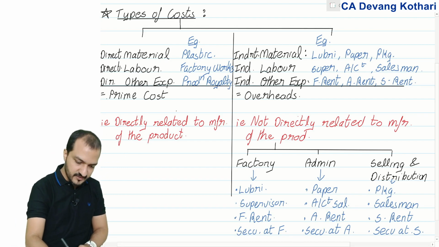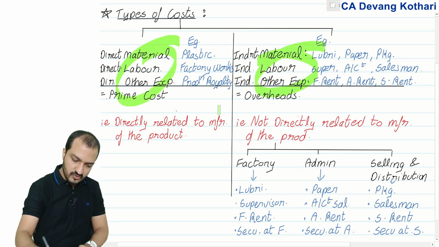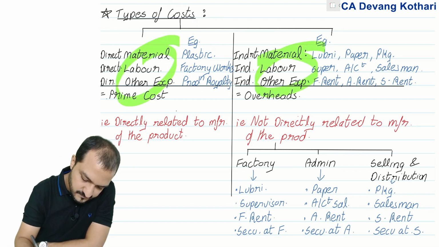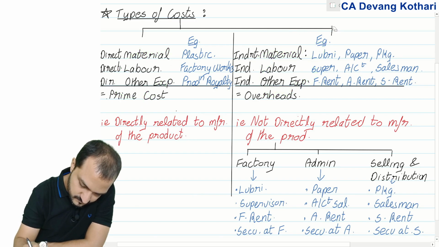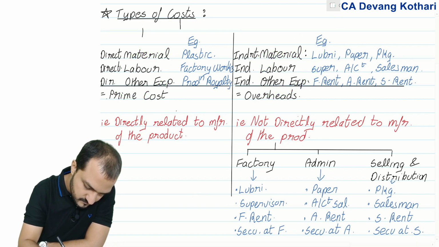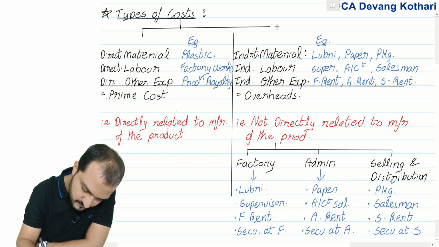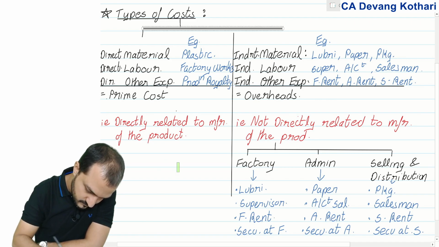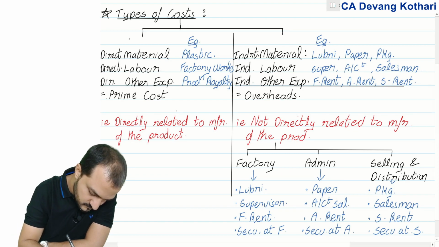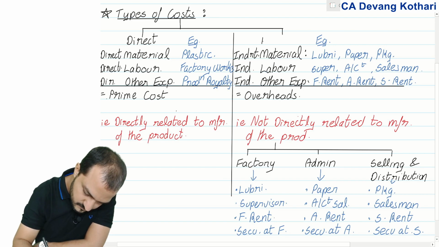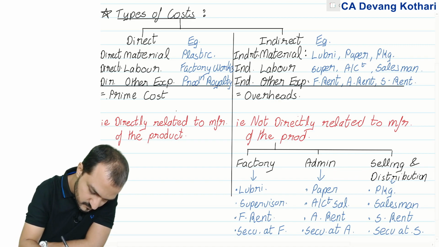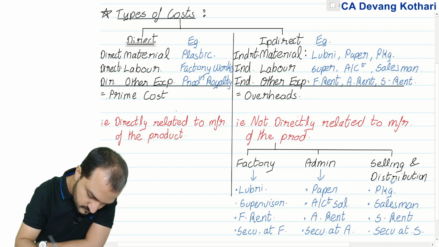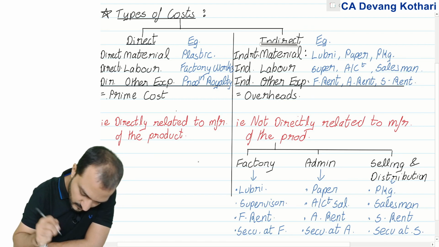Types of cost: direct cost, indirect costs. I'll give you a couple of minutes.